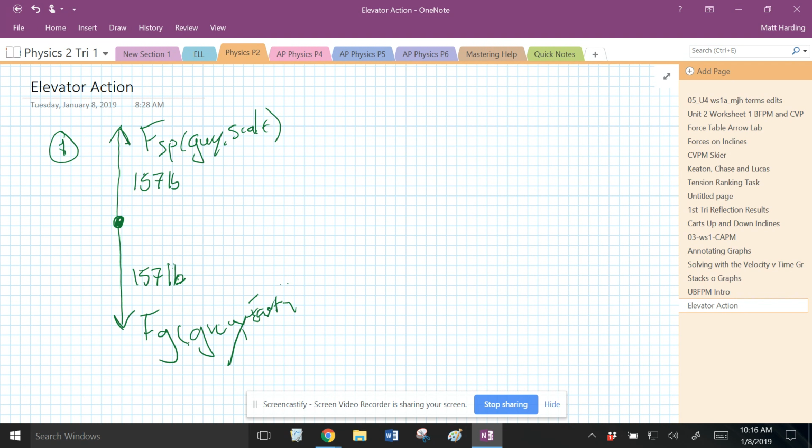So you're thinking about the situation now, situation 2. The scale reading is 212. What's the free body diagram going to look like?